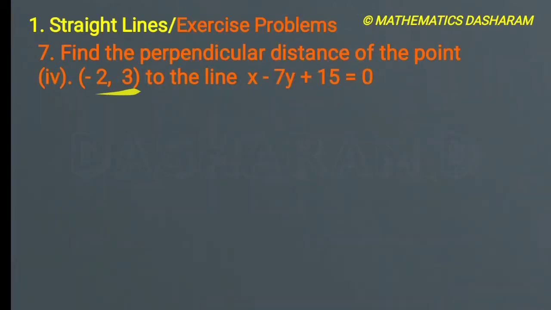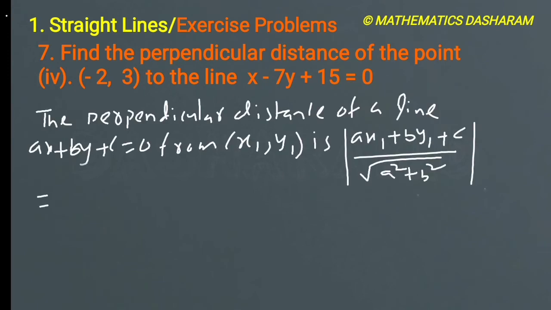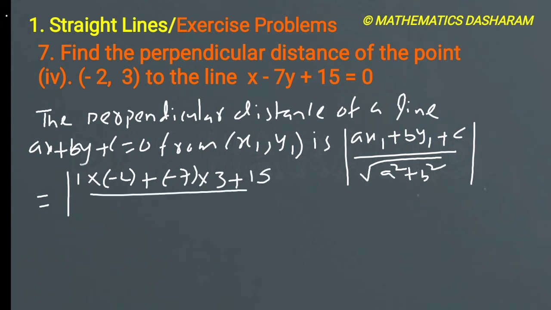Fourth question, minus 2 comma 3 to the line x minus 7y plus 15 equals 0. So it is equal to mod, a value x coefficient 1 into x1 minus 2, plus b value y coefficient minus 7, y1 3, c constant number 15, divided by under root a square plus b square, a value 1 square and b value minus 7 whole square.